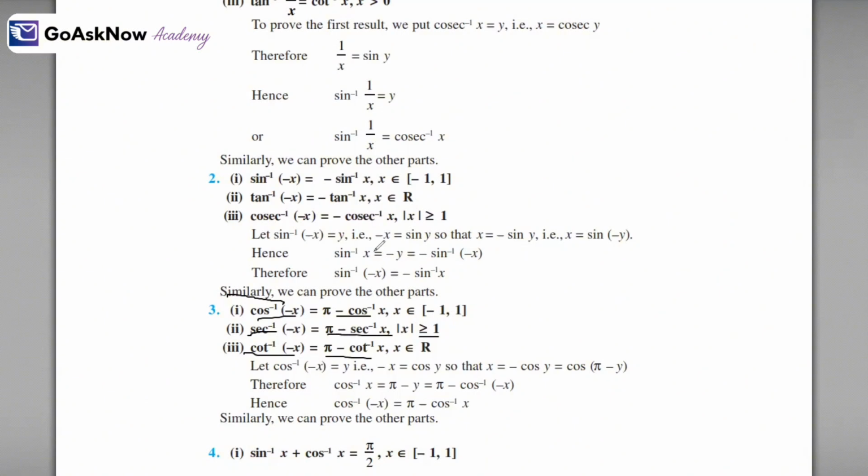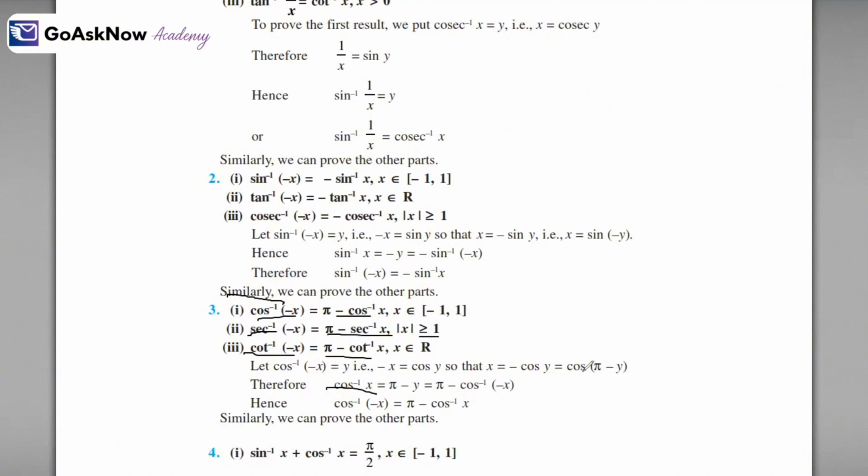We can write it as cos of pi minus y, because in the second quadrant cos is negative. So I can write minus of cos y equal to cos of pi minus y. So therefore we can also write cos inverse x is equal to pi minus y.